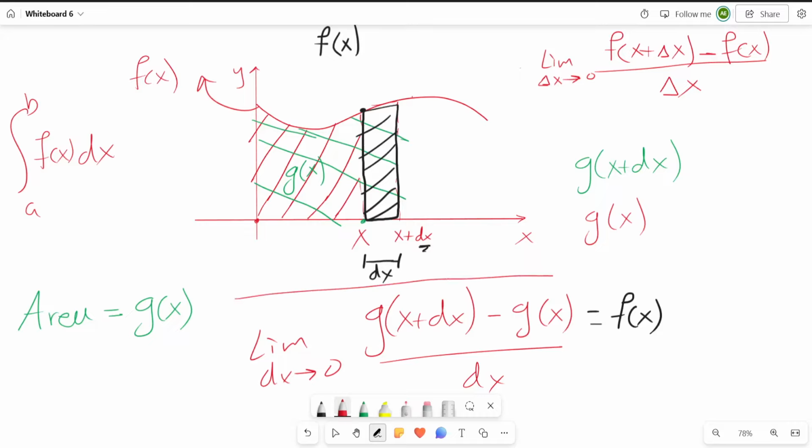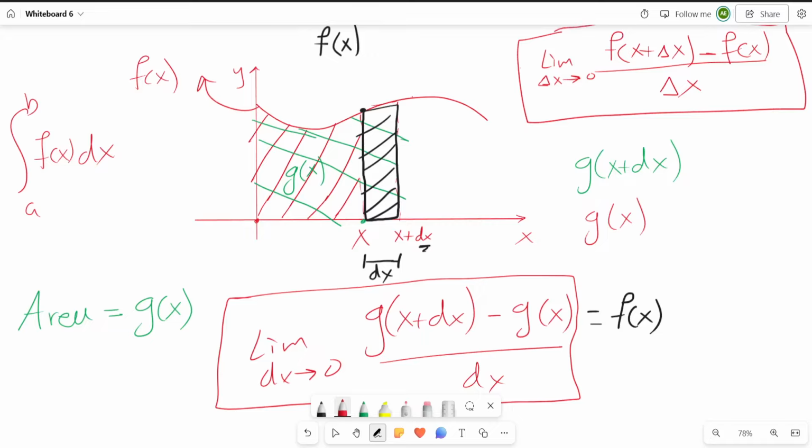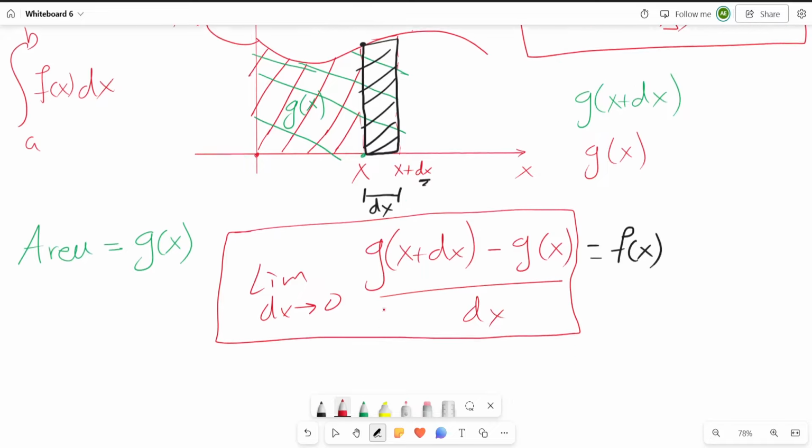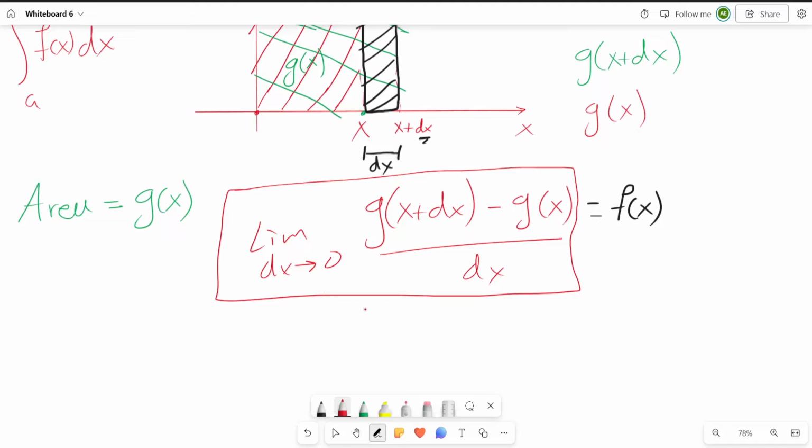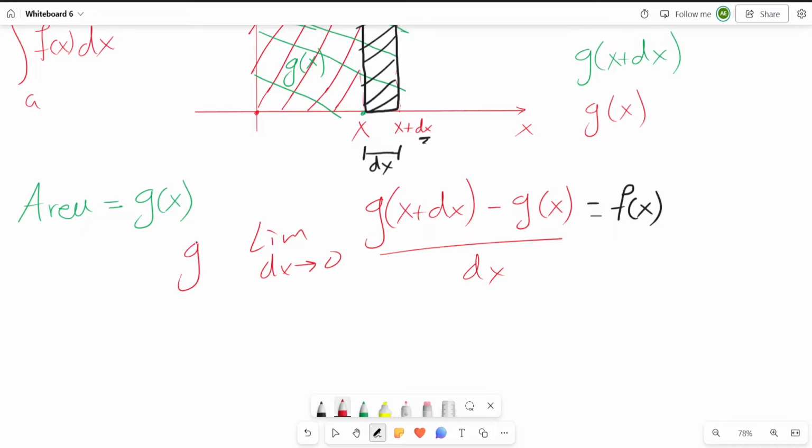If you compare this whole left side, you will know that this is very similar to the definition of the derivative. So this left side is basically the differentiation of g of x. So this left side is g dash of x, right? So g dash of x is this side over here, right?